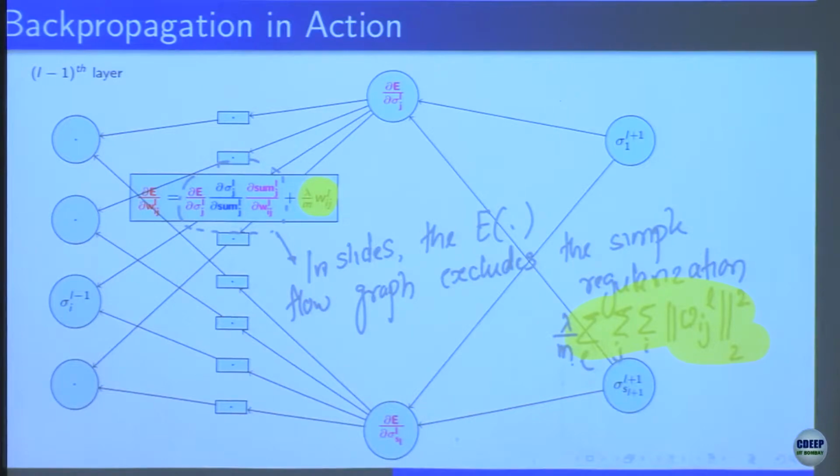But the other term is exactly what I have here. So I'm going to ignore the regularizing term. It's just going to be that same thing, lambda by m times Wij.